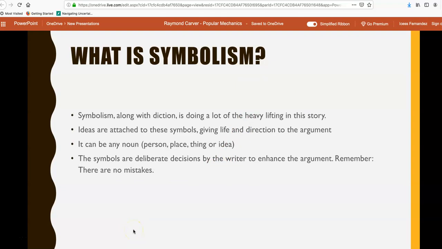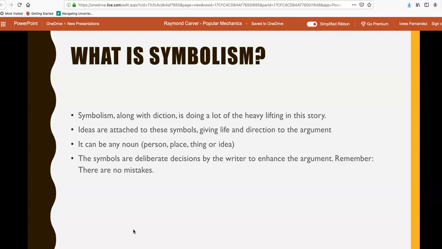Symbolism, along with diction, is doing a lot of heavy lifting here in this story. This is why this story is so short, and why I love teaching this story. Because it's doing a lot of work with symbolism, diction, tone, and imagery, you really don't have room for anything else.